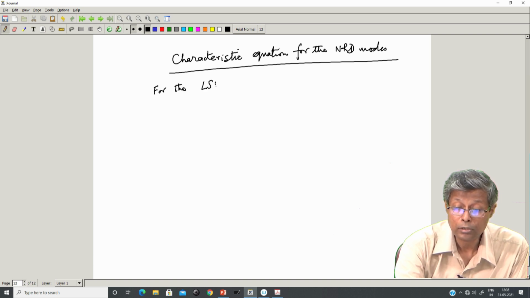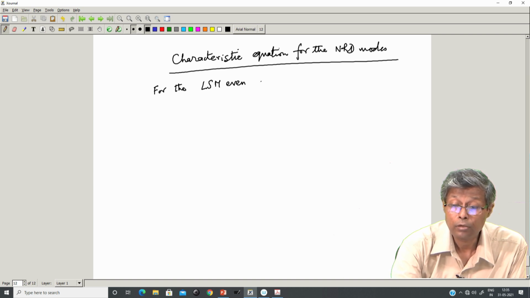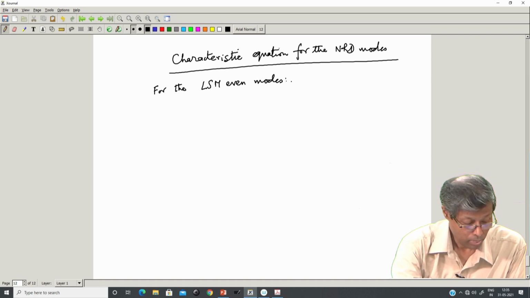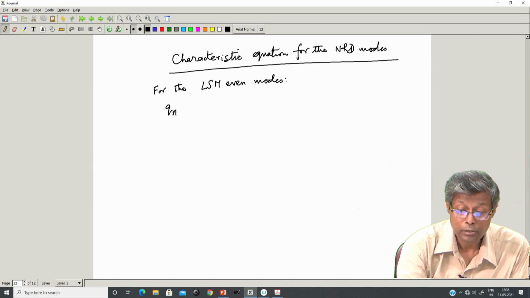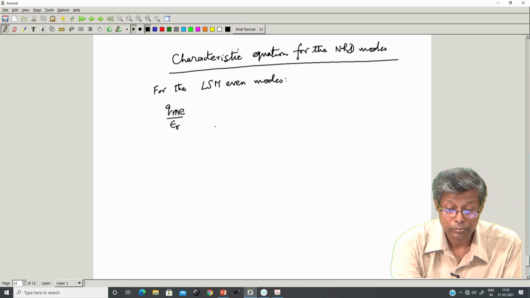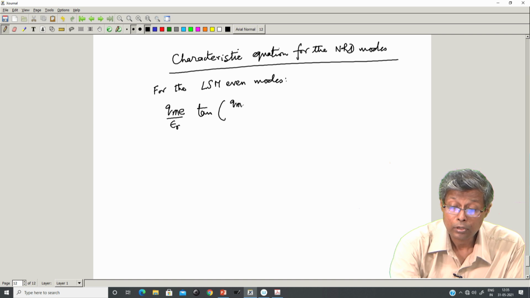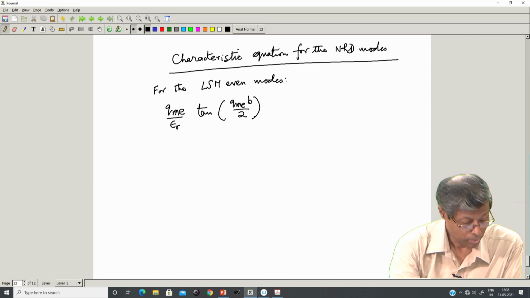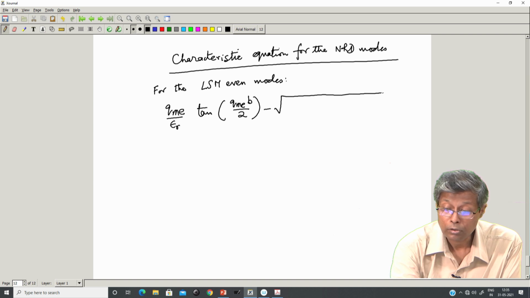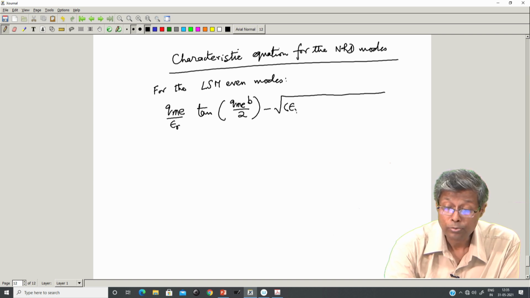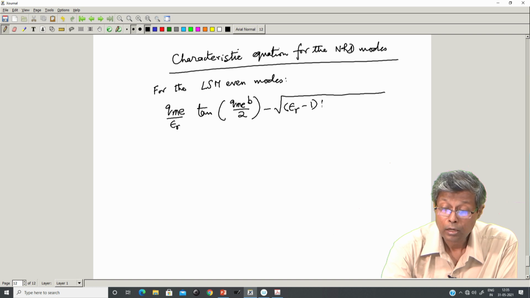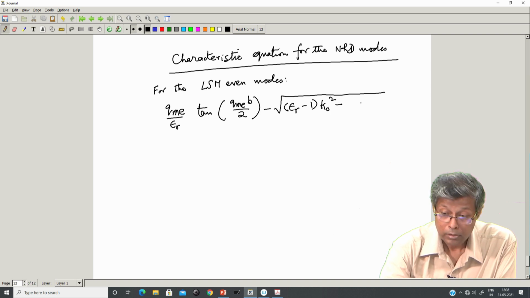So, for the LSM even modes, we will get q_me by epsilon r, tan(q_me b by 2) minus root of (epsilon r minus 1) k naught square minus q_me square equal to 0.